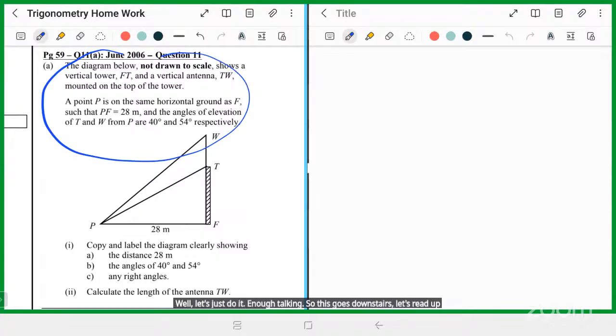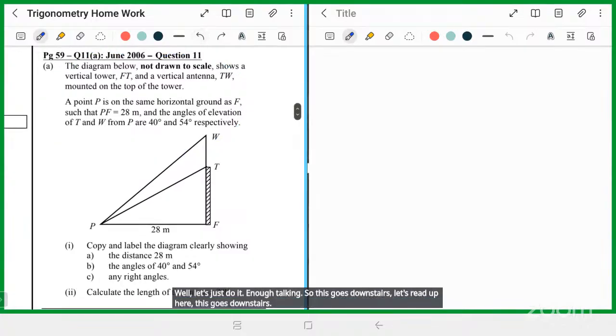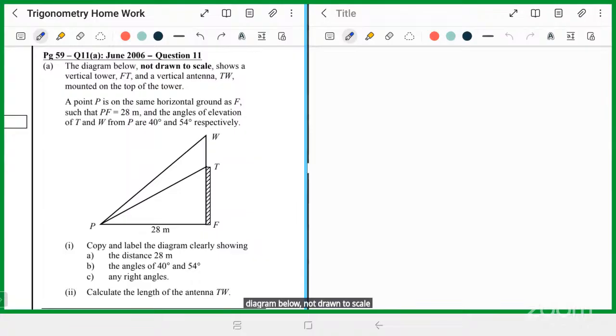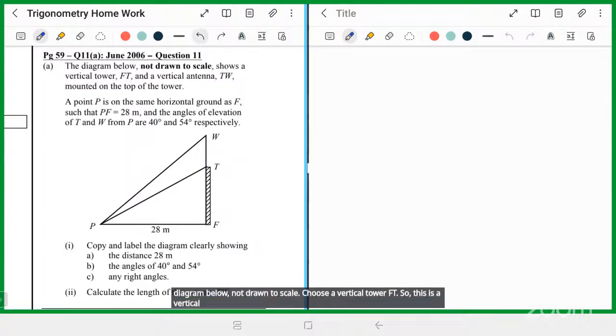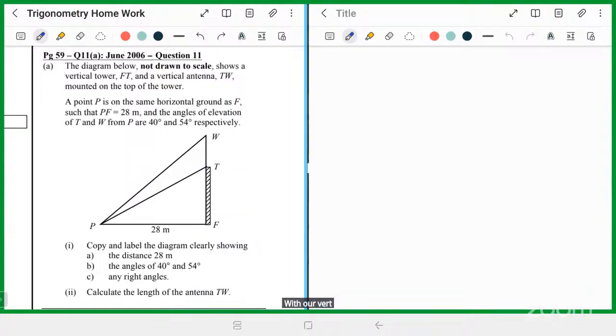So this question says, let's read up here. The diagram below, not drawn to scale, represents a vertical tower FT with a vertical antenna TW mounted on top. So that's an antenna on top of a tower. And when you're doing these questions, guys, do not go abstract.